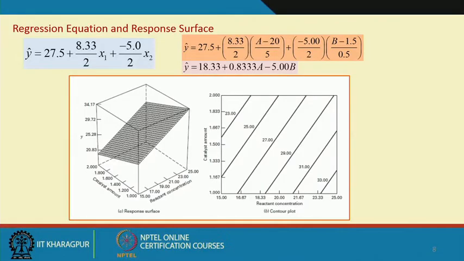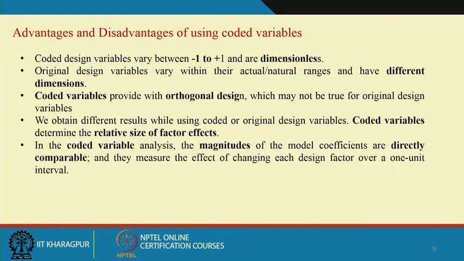Also now you know that the original regression equation with original variables can be used to develop the response surface and the contour plots, and accordingly you can interpret and use the results for the purpose it was designed.